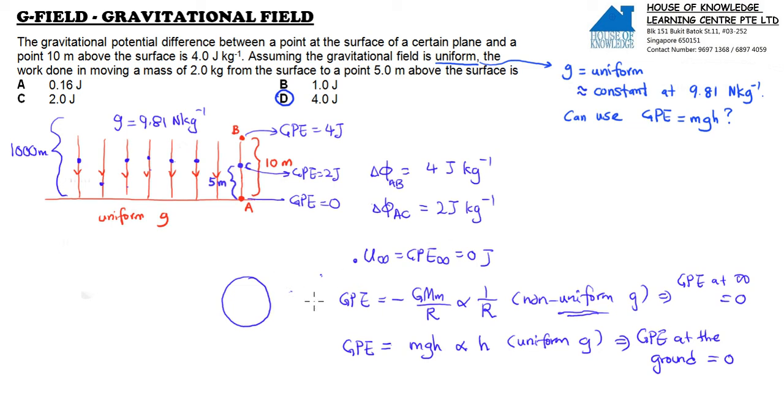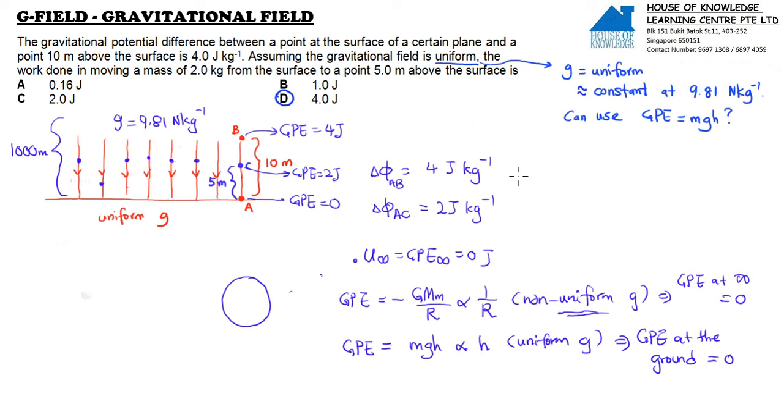If we use this convention for the entire question, you will get the same answer. So please remember this technique. If you use uniform g, you can just use mgh, because it happens only near the surface of the Earth, which is a special case of the law of gravitation in this topic.